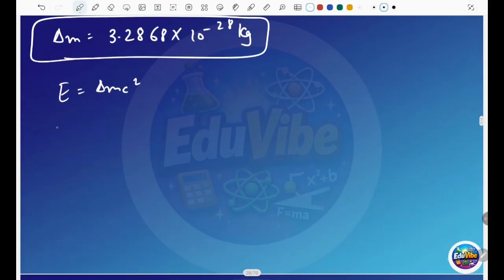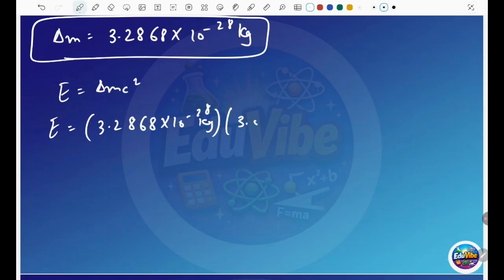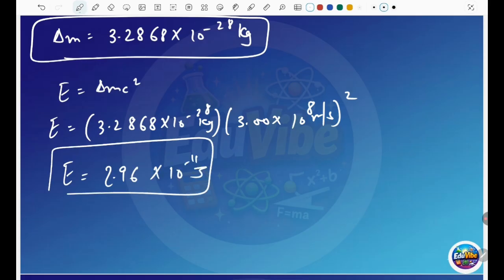Now put it in the energy formula, which is Einstein's equation. So energy is mc squared, with c being 3.0 times 10 raised to the power 8 meters per second. When you calculate this, you get about 2.96 times 10 raised to the power minus 11 joules. They ask for the answer in joules, so you have to give it in joules.